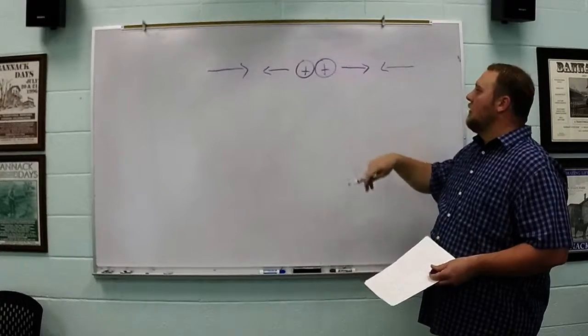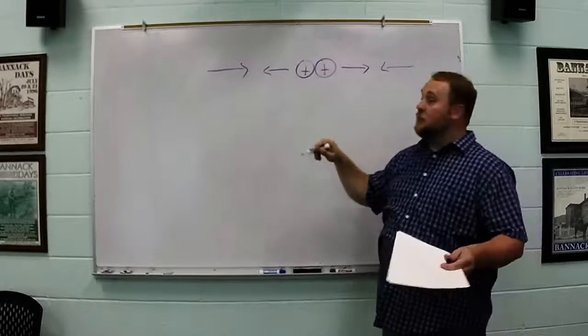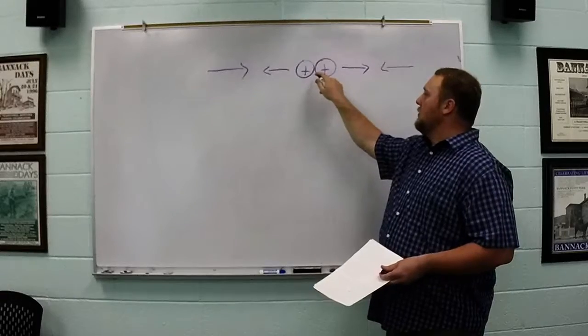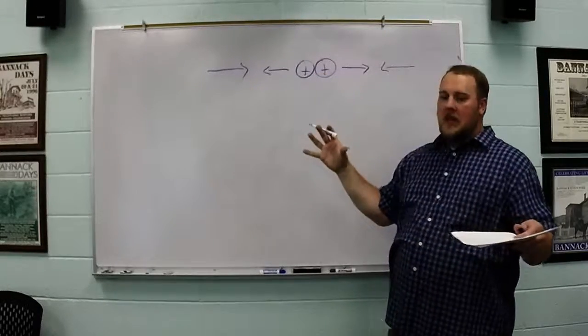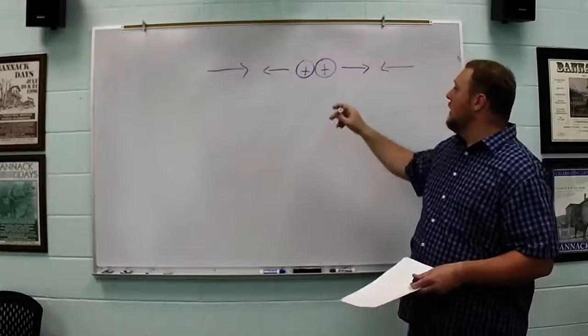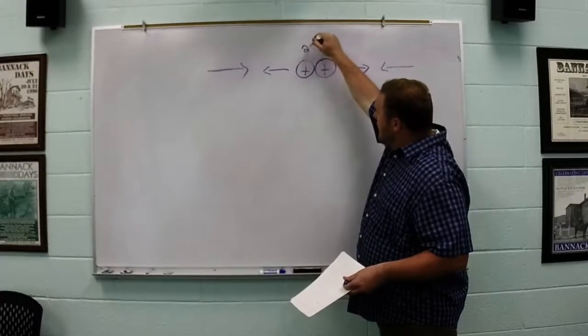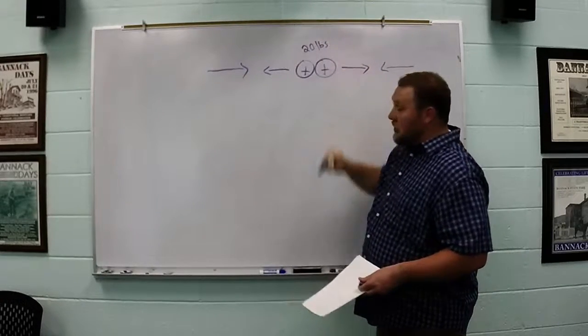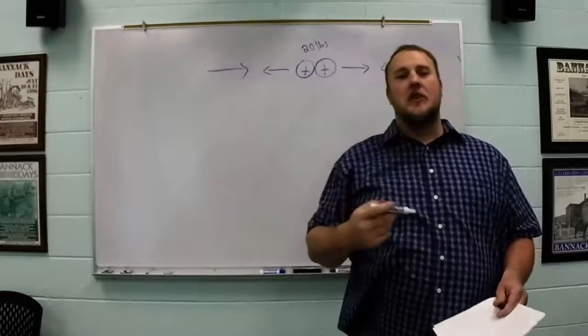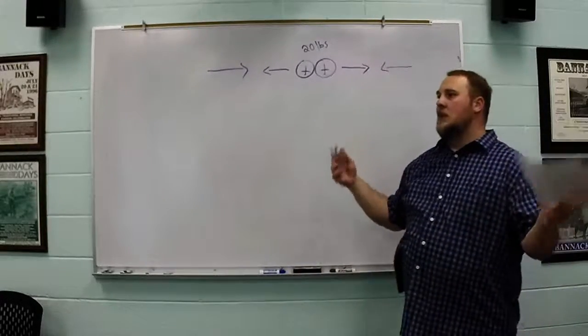So let's discuss a little bit about these forces. We know from testing experience, and this is really cool, that this electromagnetic force between the two positively charged protons is about 20 pounds of pressure, which may not seem like a whole lot to you and me in the world that we live in.